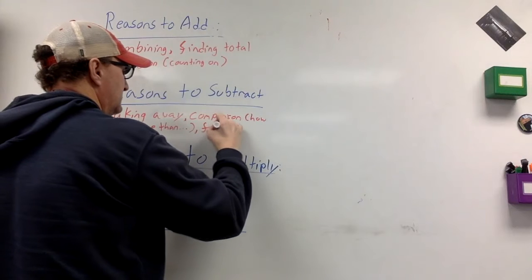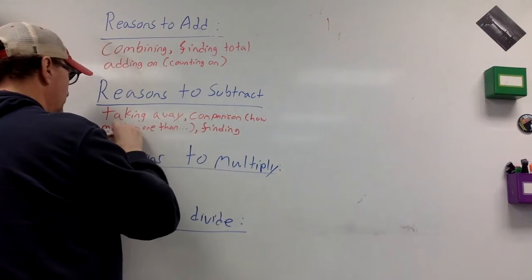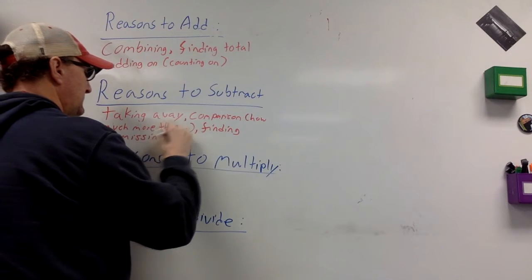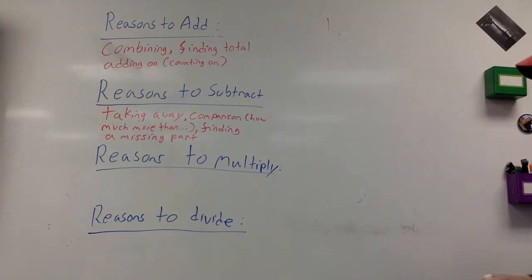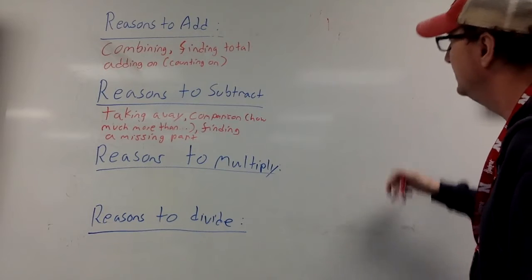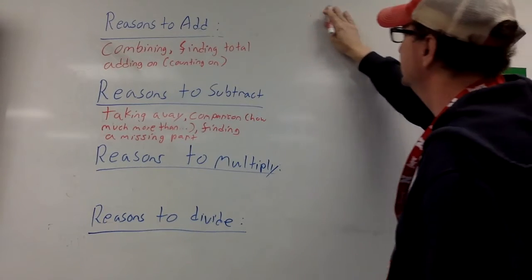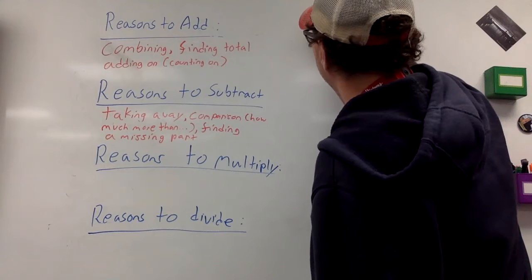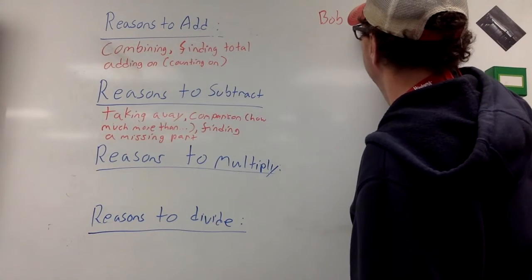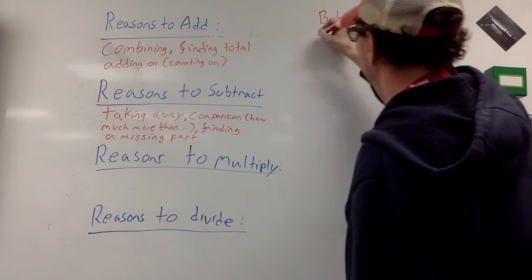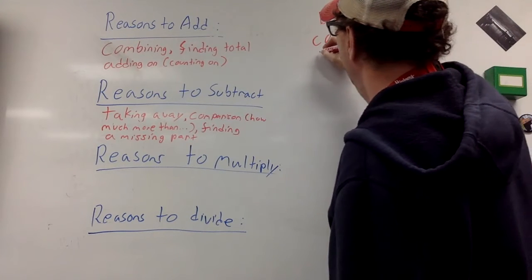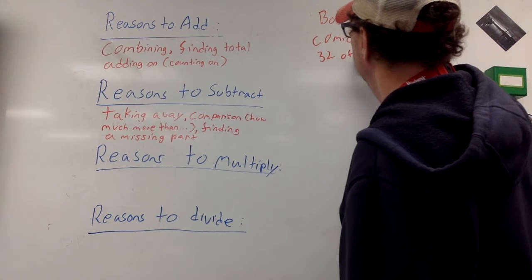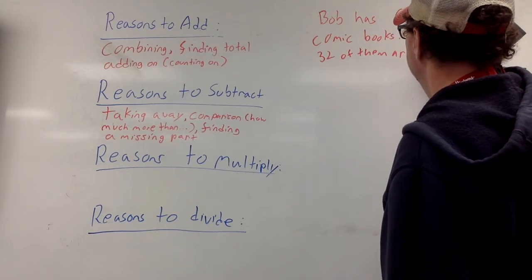And then another reason to subtract is finding a missing part. Let me give an example of that. Let's say Bob has 68 comic books. 32 of them are DC comics.